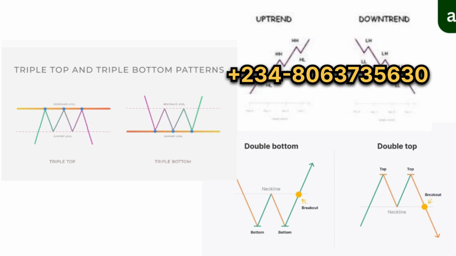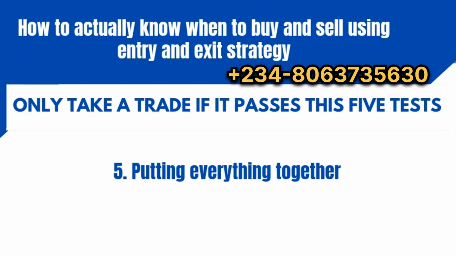But when these patterns form, do not forget, people will tell you that whatever the chart is forming now has been formed in the past. Okay, so you might not be 100% correct, but if you are 50, 60, 70% correct, come on guys, you're making cool money from this, you're making cool dollars from here. I hope you guys understand this. Please try to put all this into practice.